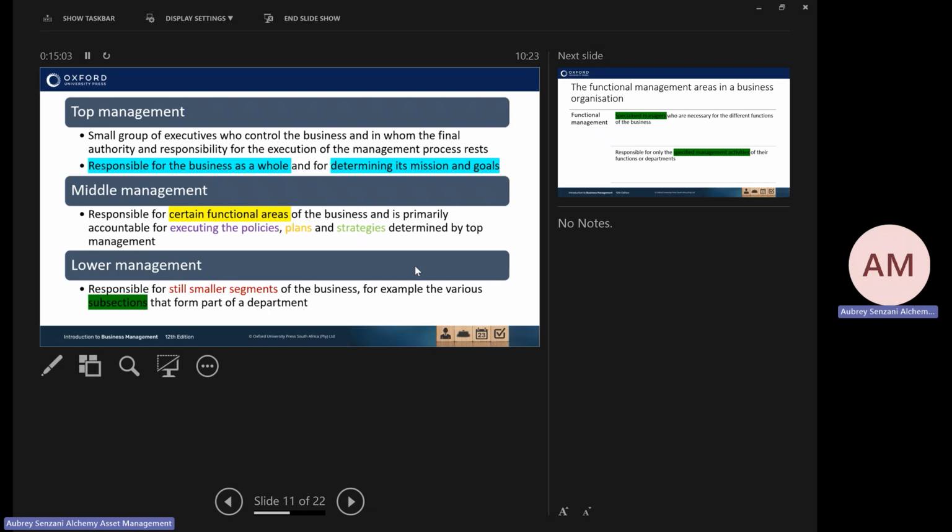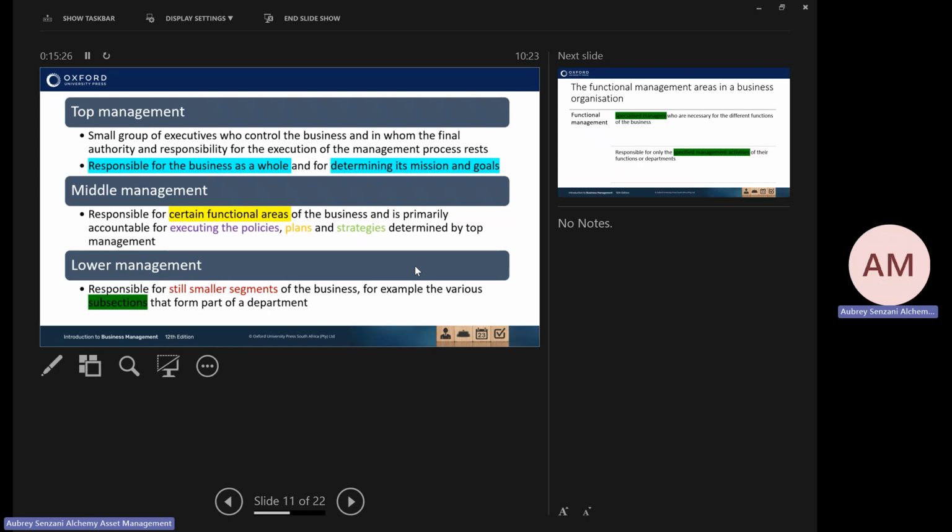And then here now they're starting to unpack what some of you were already speaking to. Our top management, smaller group, okay, and they are responsible for the business's mission and goals. Okay, so they're just conceptual. This is what we want to do here at MSA Insurance.